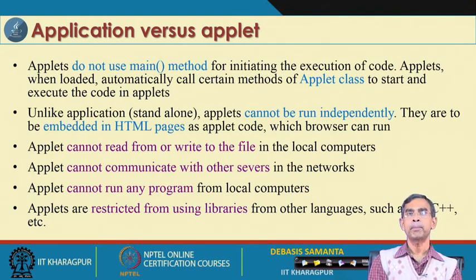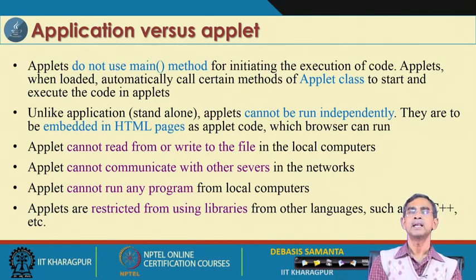Again, a Java application can run any program, any class, whatever it is, but an applet cannot run any program from the local computer or from a remote computer. Also, an applet is not allowed to access many libraries in other packages.